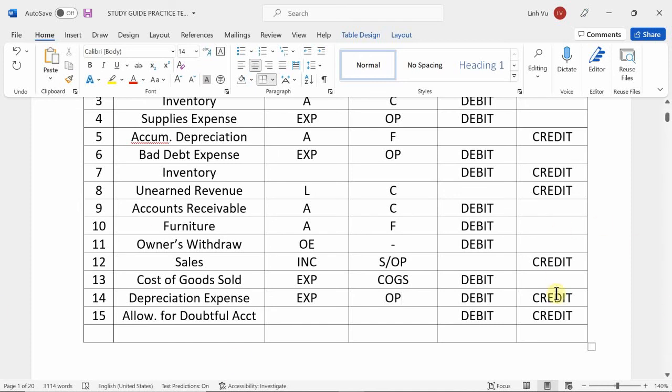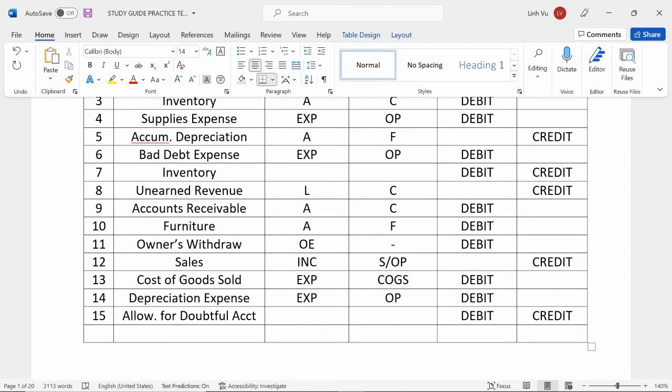A debit. Yes. Again, depreciation: when we reach the end of the accounting period, you need to adjust your fixed assets because they lose value over time because you're using the fixed asset. So yes, it's part of the cost of doing business.